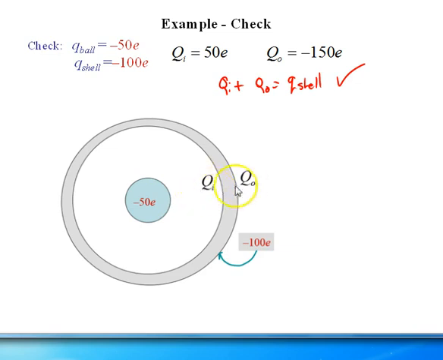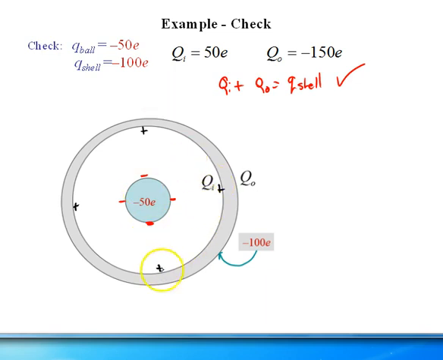So we found the inner and outer charges, but what's happening with the electric field? We have equal and opposite charge on this ball as on the inner surface. So if we represent, I guess these are negative charges, so if we represent this negative 50E as 4 negative charges sitting just on the outside surface of this ball, then a positive 50E would be 4 positive charges sitting on the inside surface of this shell.